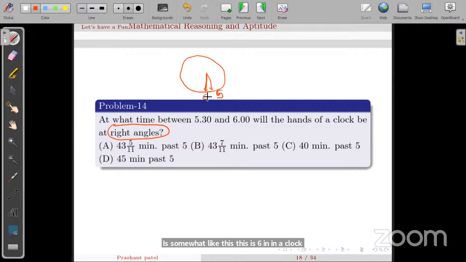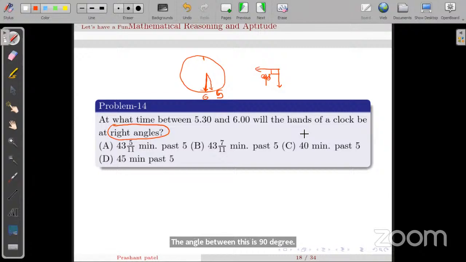In between, when the minute hand moves to 6 o'clock and the hour hand moves toward 6, the angle between them has to be 90 degrees somewhere. So they are asking at what time the angle between them is 90 degrees.